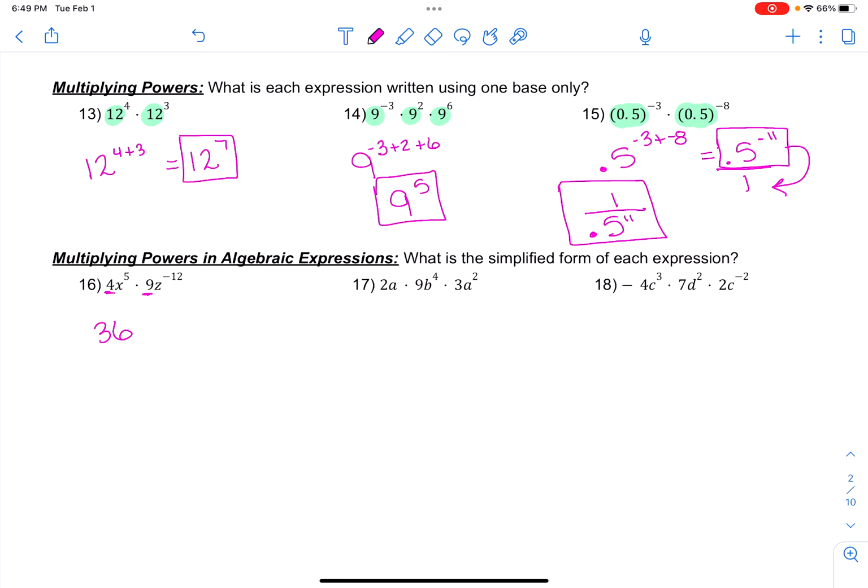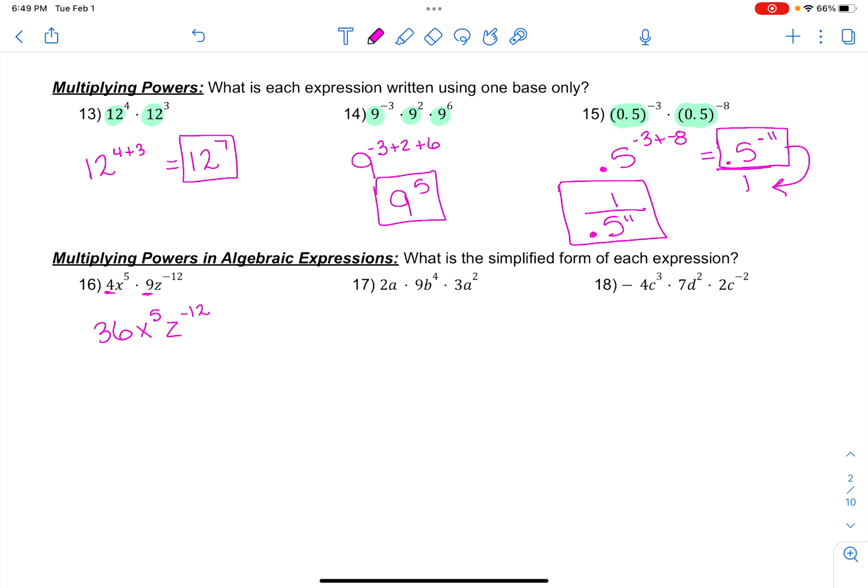Okay, so we've dealt with the numbers. The numbers no longer need to be used, they're gone. And then what's left is x to the 5th and z to the negative 12th. So now we want to see if we have any common bases, to which we do not. So at this point, we just bring everything down.